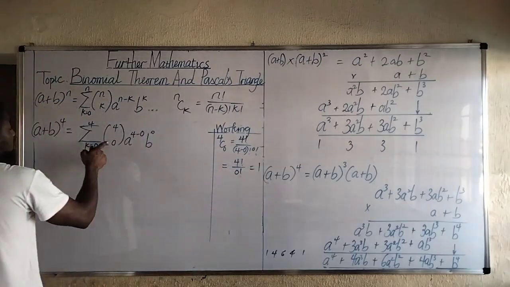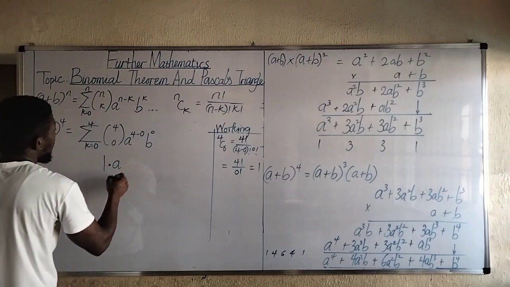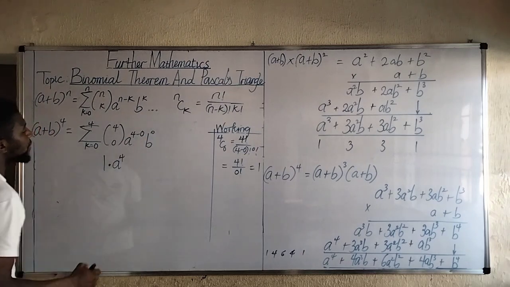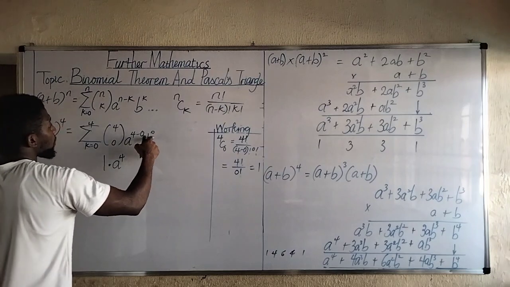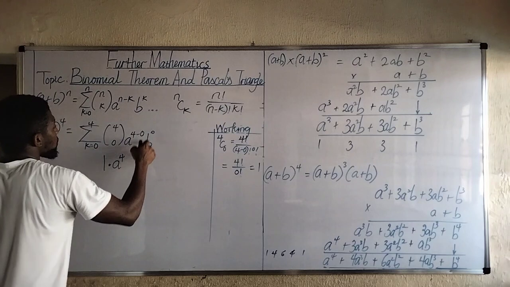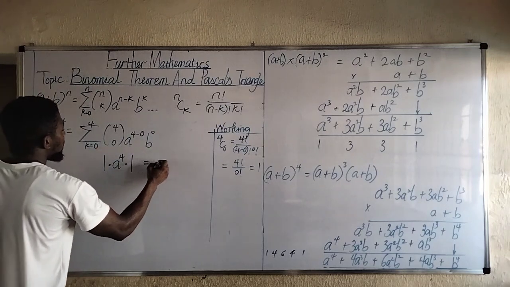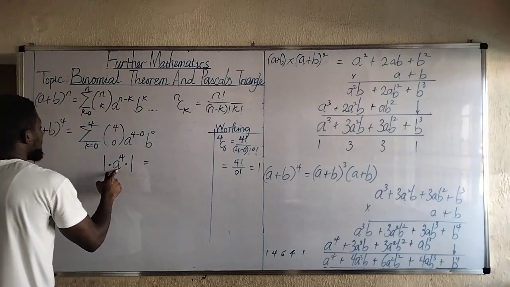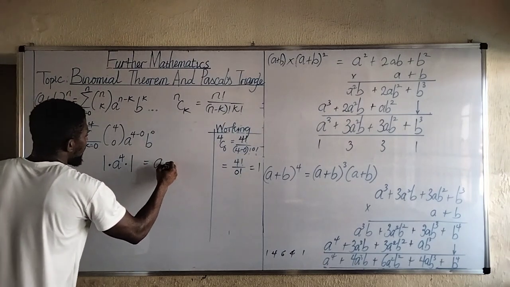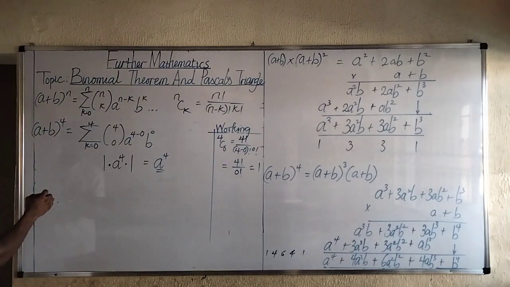So our coefficient is 1 times a raised to power 4 minus 0, which is 4. b raised to power 0, any number raised to power 0 is 1, except 0 raised to power 0. So b raised to power 0 gives 1. Our answer is 1 times a raised to power 4, which is a raised to power 4. We write it down.